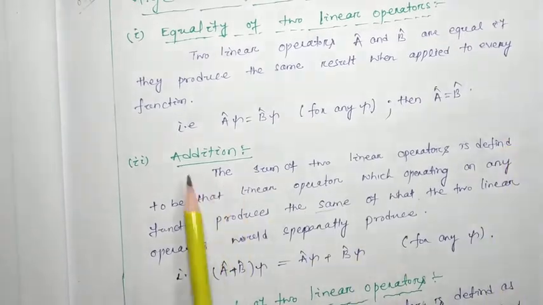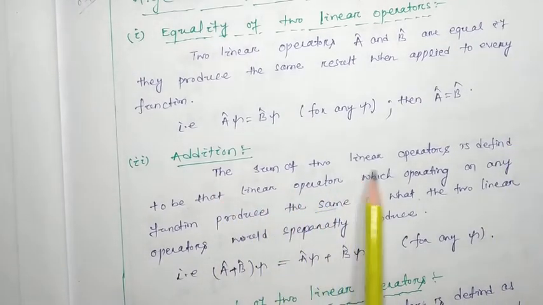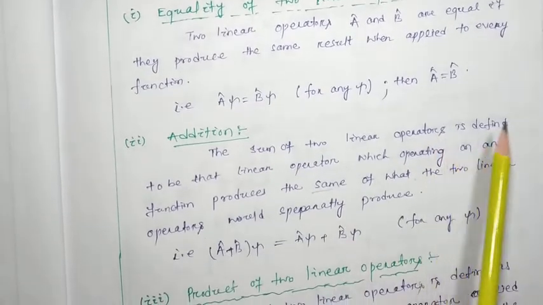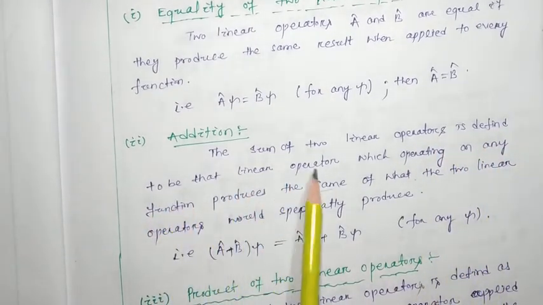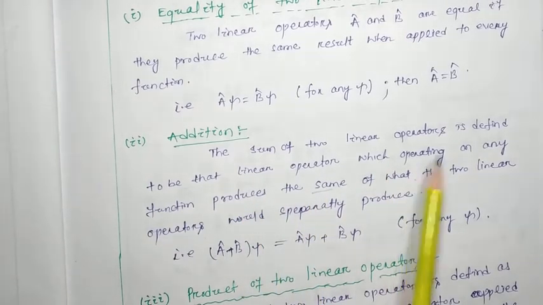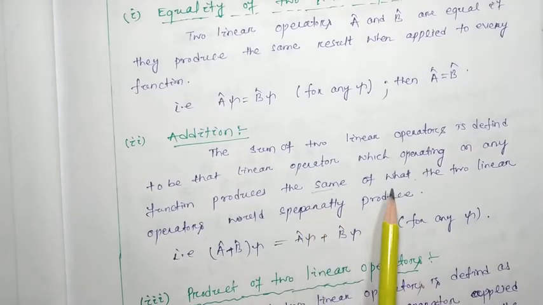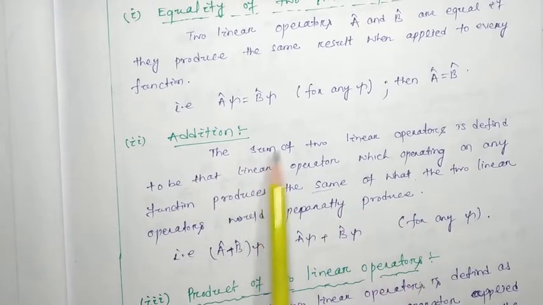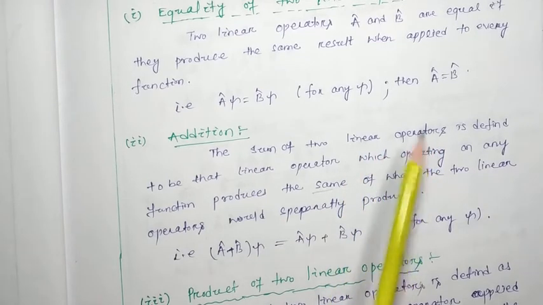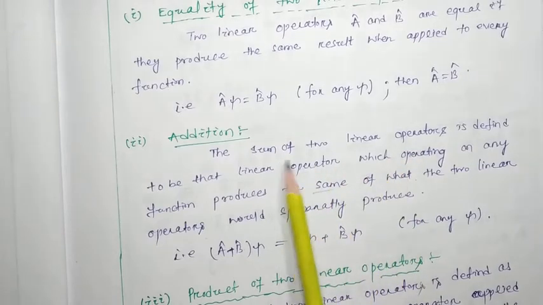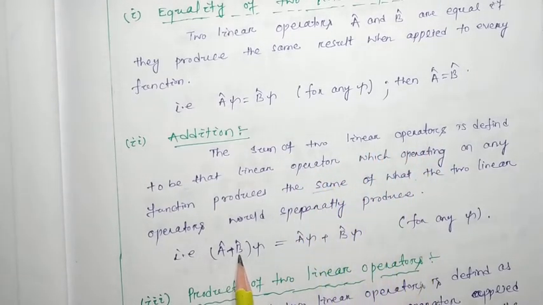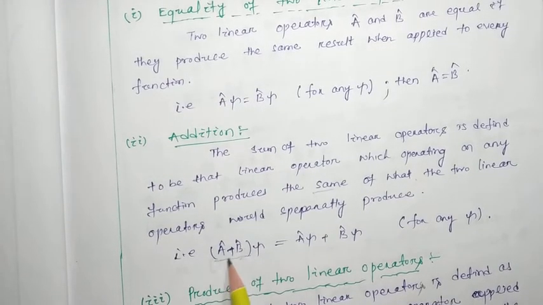Now addition. The sum of two linear operators is defined to be that linear operator which, operating on any function, produces the sum of what the two linear operators would separately produce. Let the two linear operators be A and B. A cap plus B cap is another operator, and this whole can be considered as an operator.